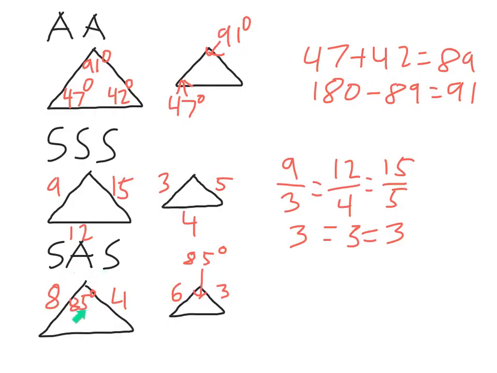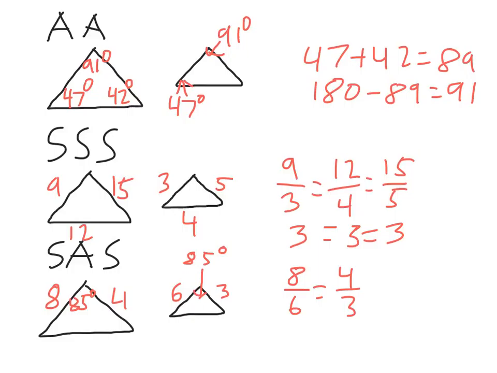So 85 is between 8 and 4, and 85 is between 6 and 3. So we need to make sure that these are indeed proportional. Just like we did on the other one, 8 corresponds to 6, 4 corresponds to 3.